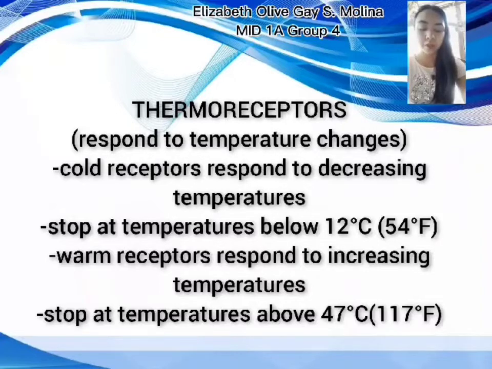Warm receptors respond to increasing temperatures but stop at temperatures above 47 degrees Celsius or 117 degrees Fahrenheit. It is sometimes difficult to distinguish very cold from very warm objects touching the skin because only pain receptors are stimulated at temperatures below 12 degrees Celsius or above 47 degrees Celsius.